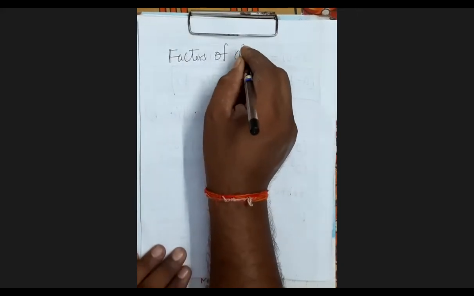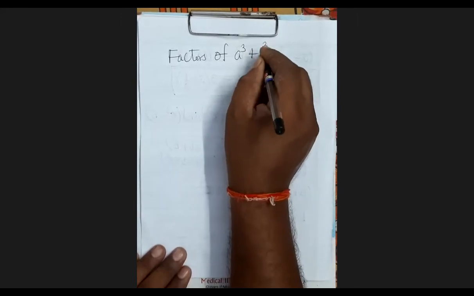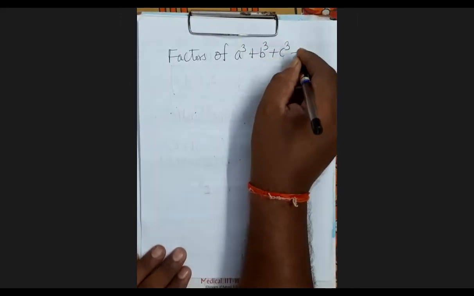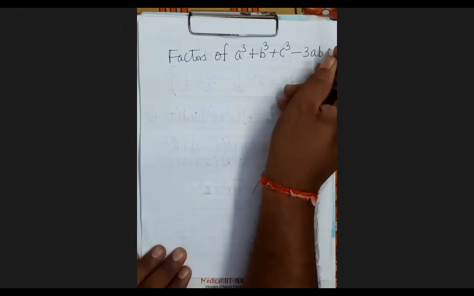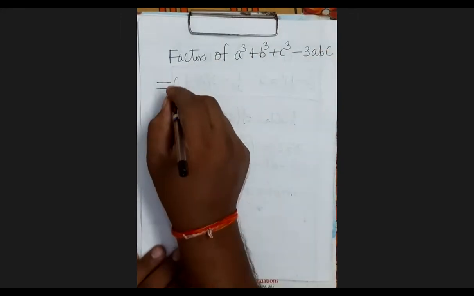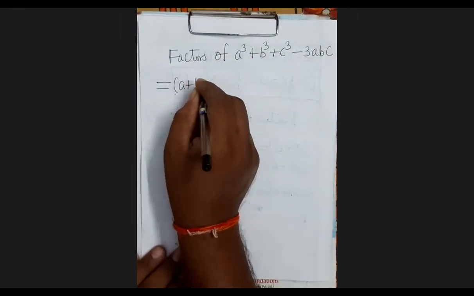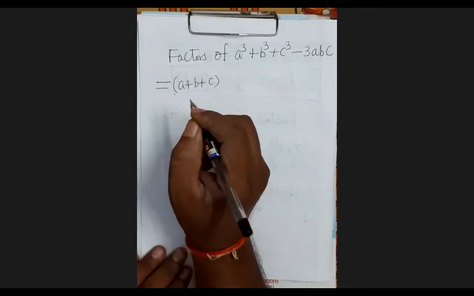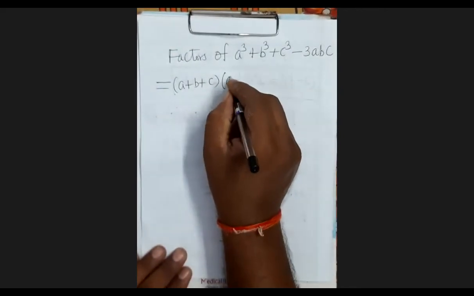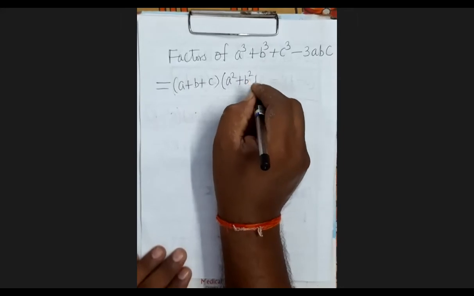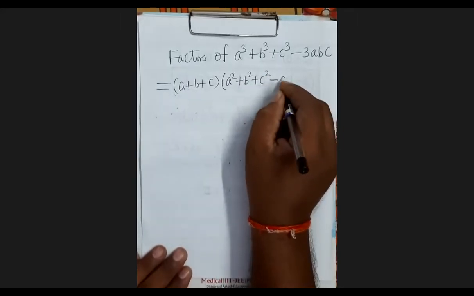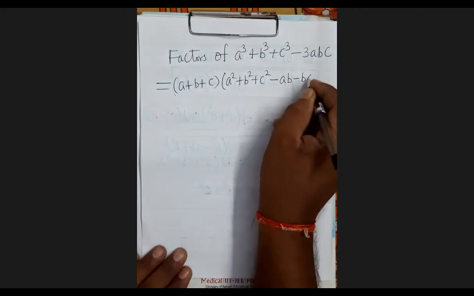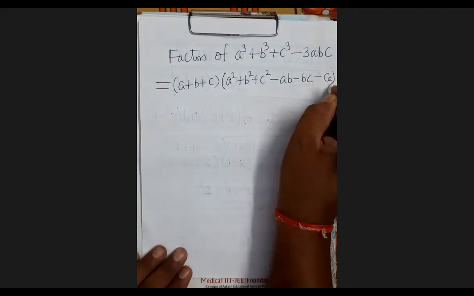In one bracket, there will be A plus B plus C, and in the other, there will be A square plus B square plus C square minus AB minus BC minus CA.